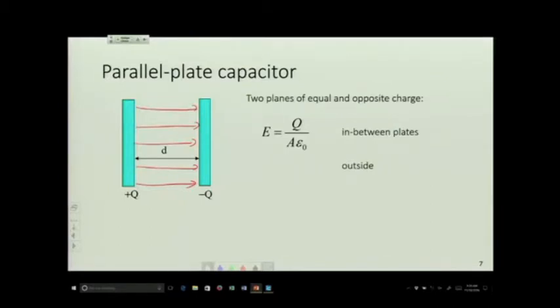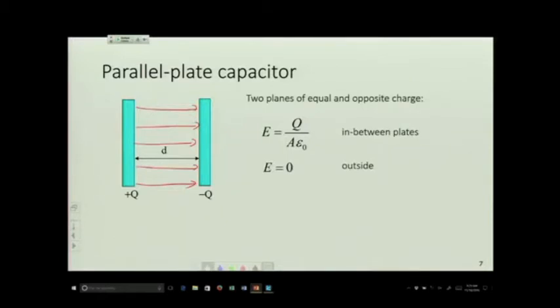The electric field pointing towards the plane due to the negative plate and away from the plane due to the positive plate on this side again cancel because they have the same magnitude. However, in between them, the electric field due to this plane points away from it. The electric field due to this plane points towards it, so they add up. And that's the value of the electric field in between the plates, and it's 0 outside.